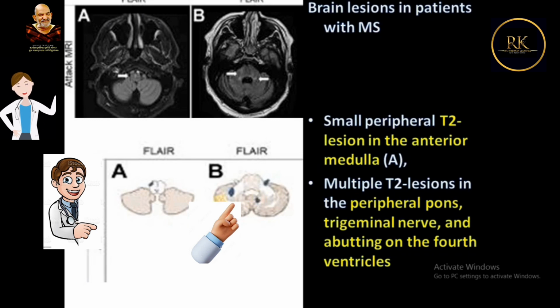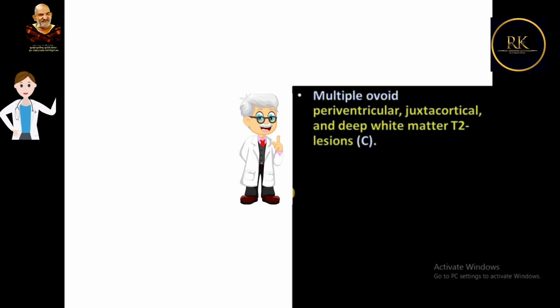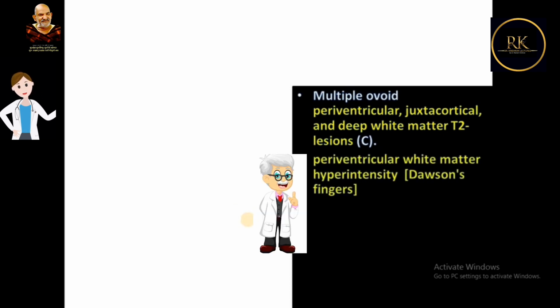Then there could be multiple oval periventricular, juxtacortical, and deep white matter lesions, which can also be seen in patients with MS, as well as periventricular white matter hyperintensities called Dawson's fingers, or white matter T2 lesions and cortical lesions.